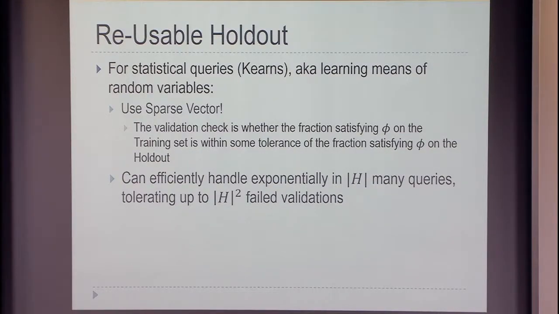That is a sparse vector question. And so you can efficiently handle exponentially many queries in the size of the holdout set, tolerating up to the square of the holdout set size of failed validations.